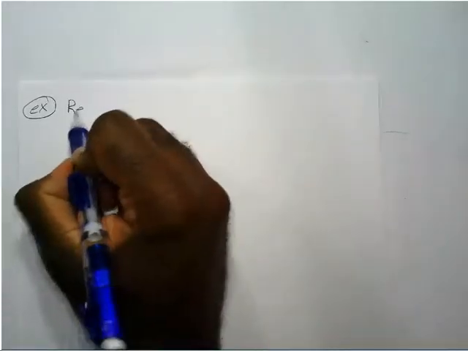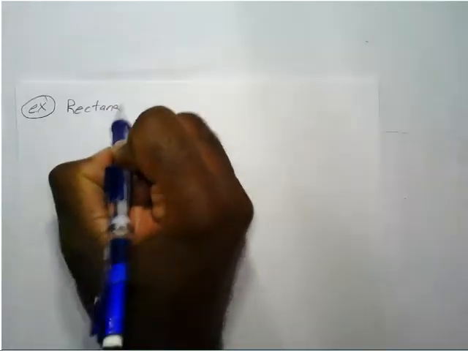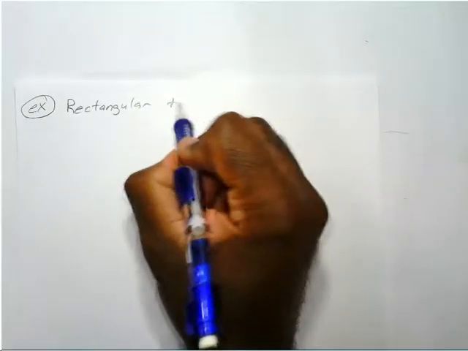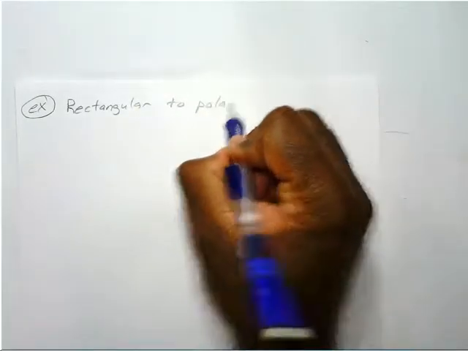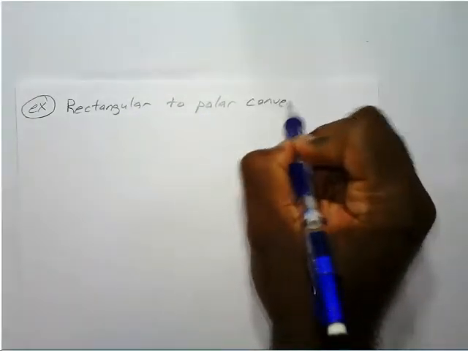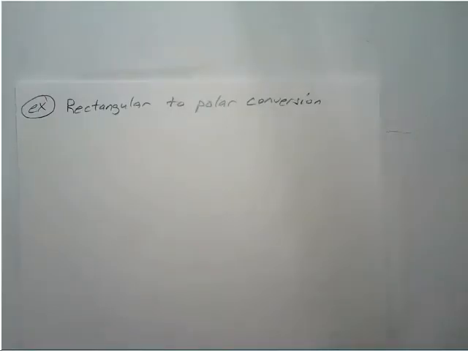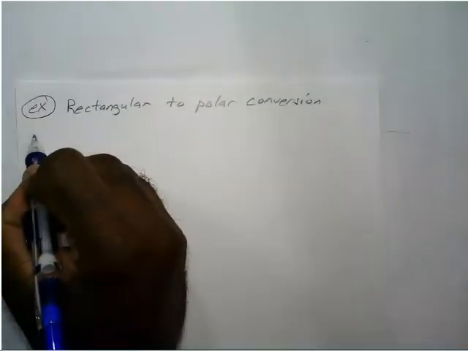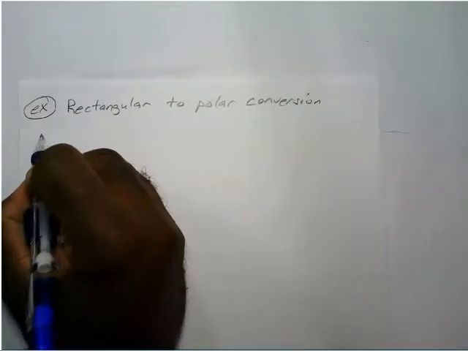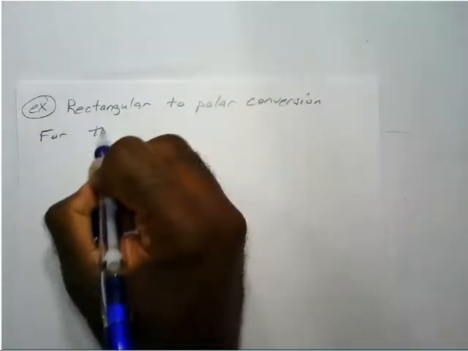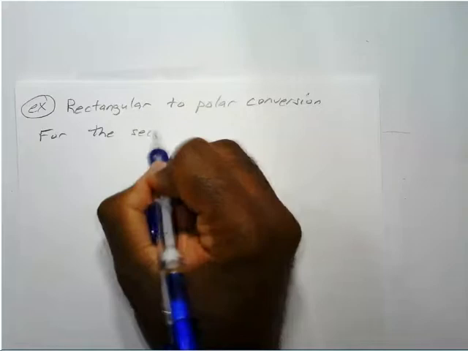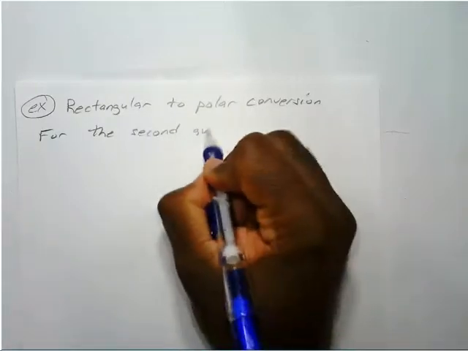Let's say, for example, this is a rectangular to polar conversion, for the second quadrant.